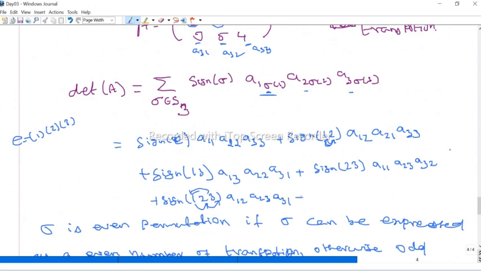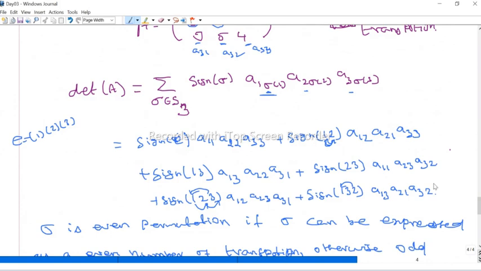The last one is sign of the last permutation 1 3 2. This is A1 sigma 1, 1 goes to 3. A2 sigma of 2, sigma of 2 is 1. A3 sigma of 3 is 2. Now we have the 6th term.